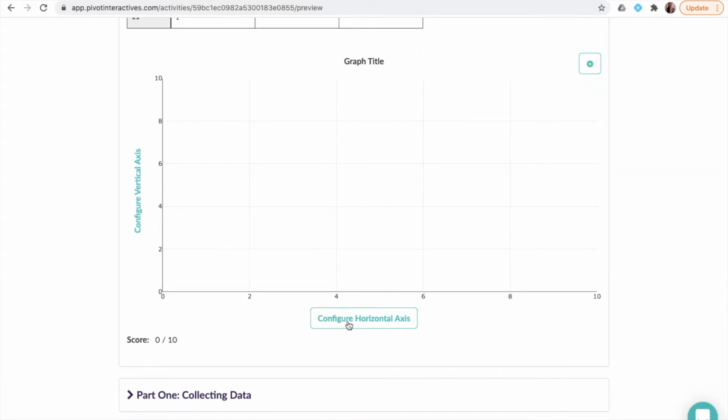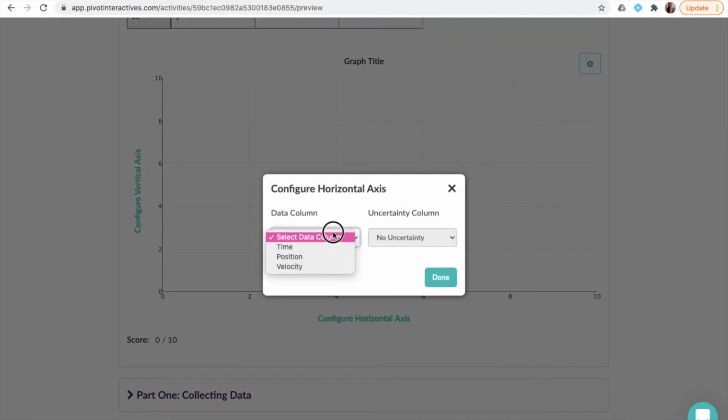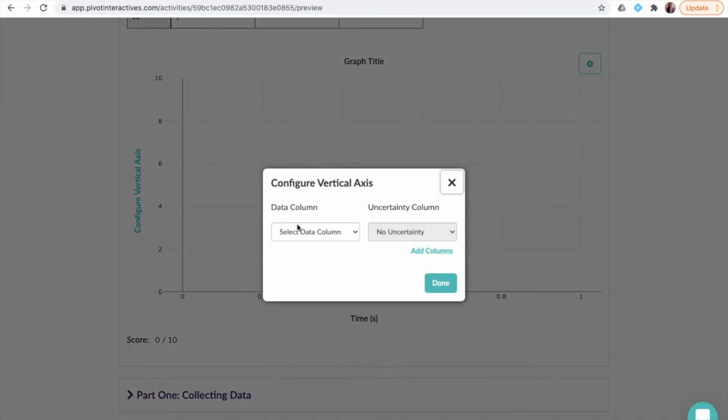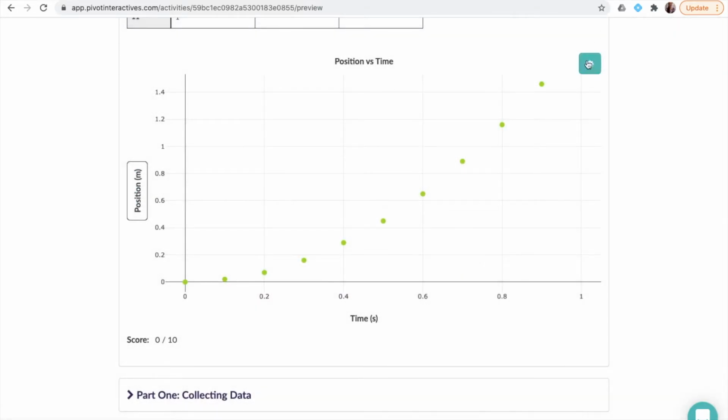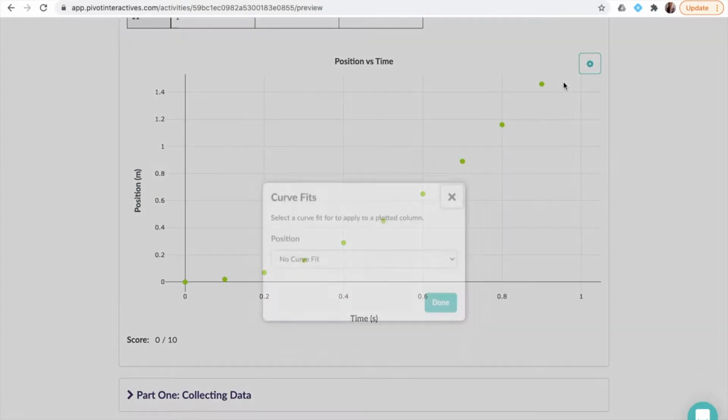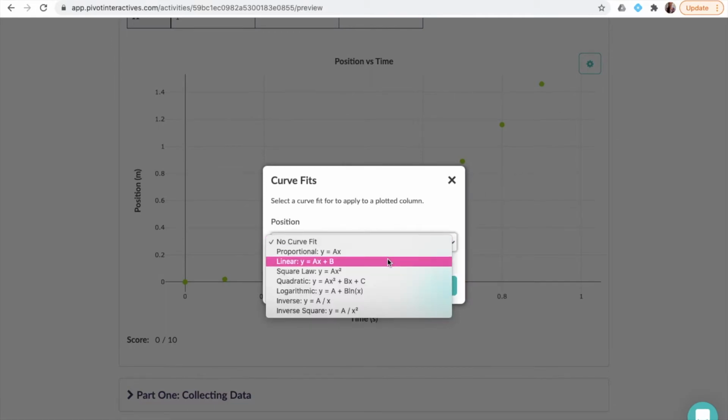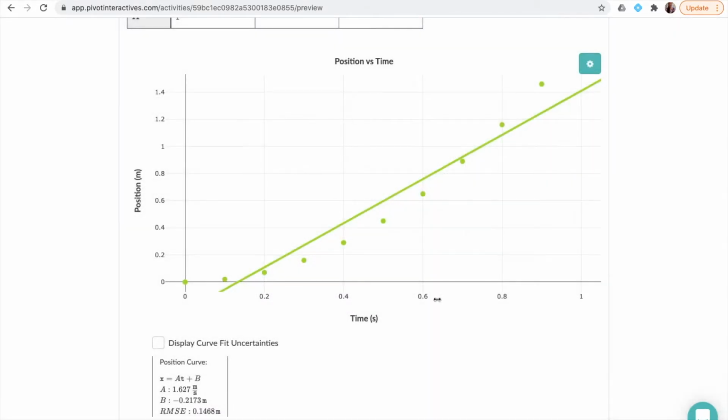To do that, I'm going to simply click time to be my horizontal axis data points, and position to be my vertical axis data points. Then I want to go hit curve fit linear, and we're going to use this to calculate the velocities at almost every data point, but not all of them. And let me show you why.